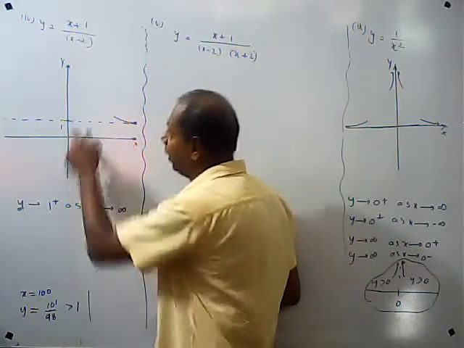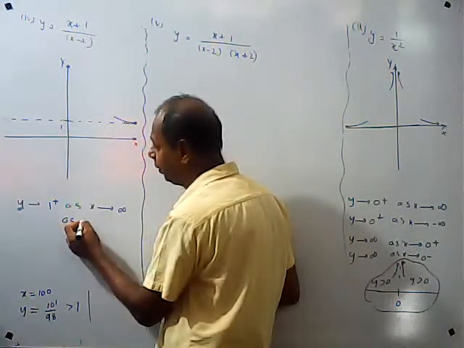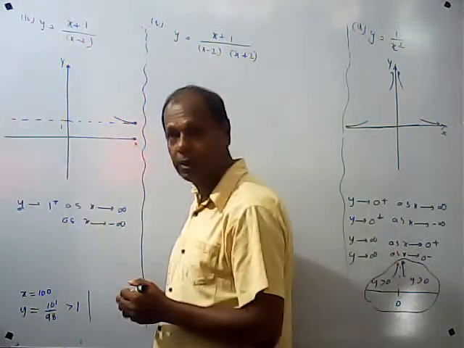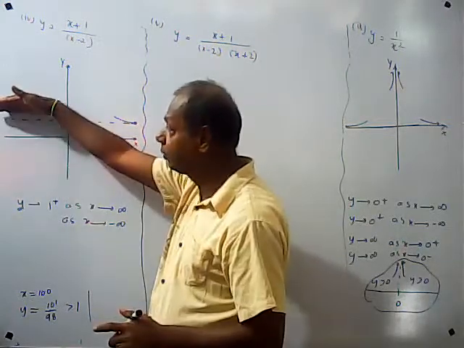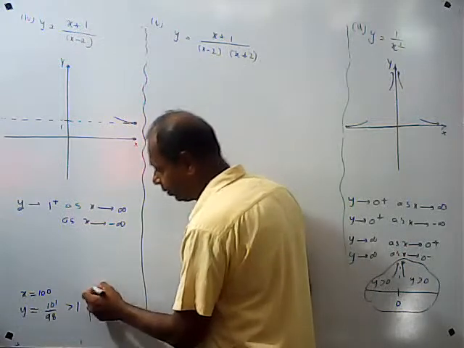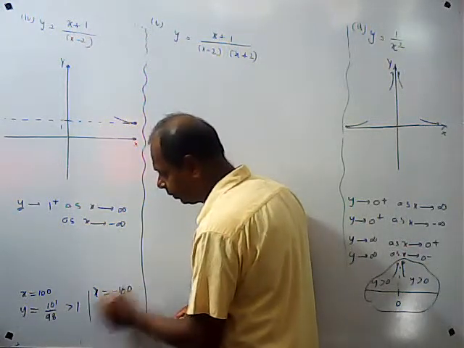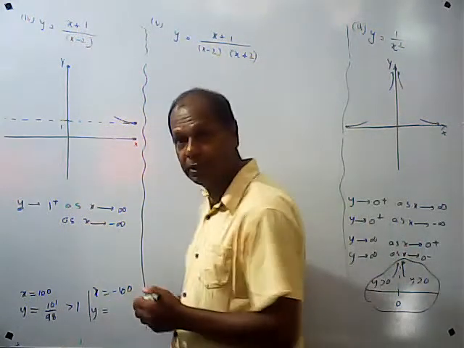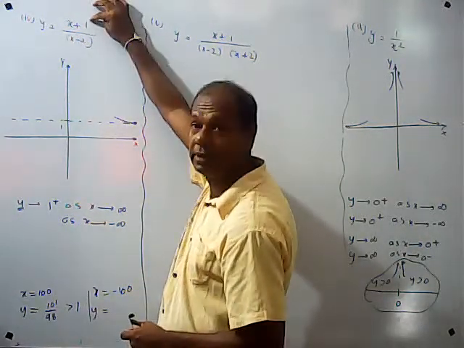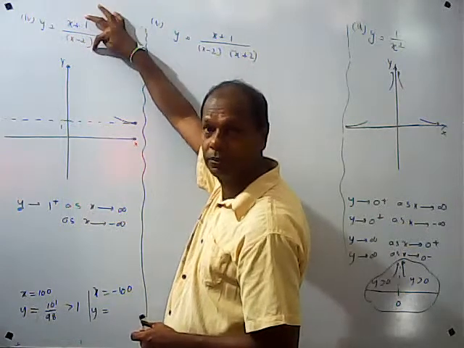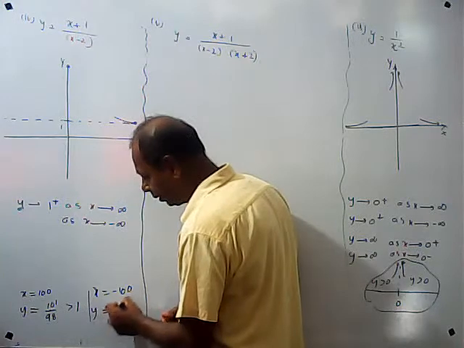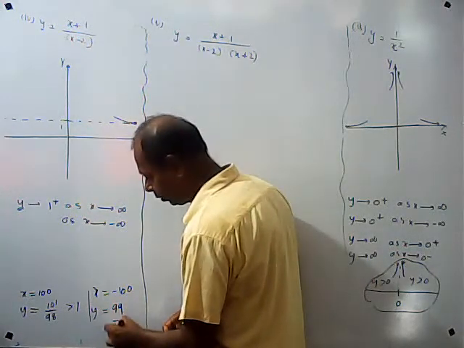Similarly, as x goes to negative infinity, we know that y gets closer to 1, but to check whether from above or below, we apply some big negative value. x is minus 100. That will give minus 99 over minus 102. Minus and minus will get cancelled, so you get 99 over 102.